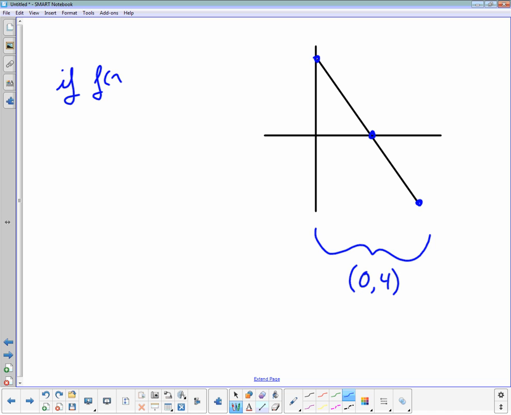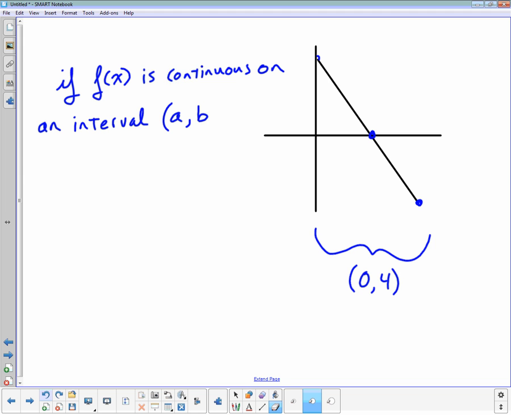If f of x is continuous on an interval a to b, I think it needs to be hard bounded.